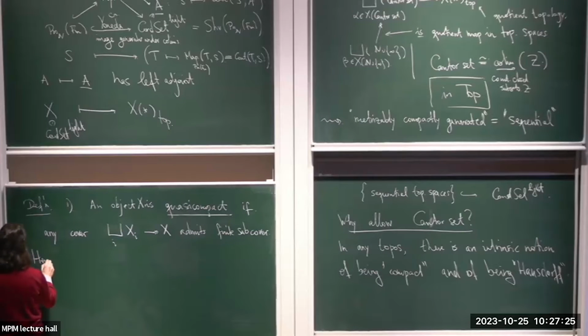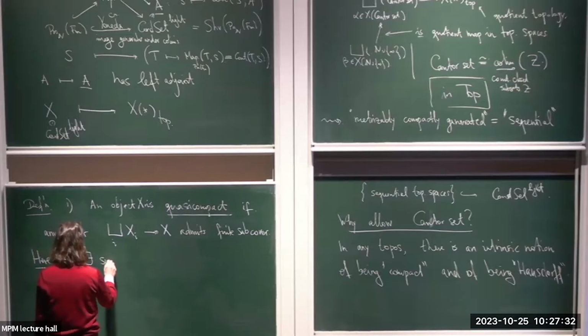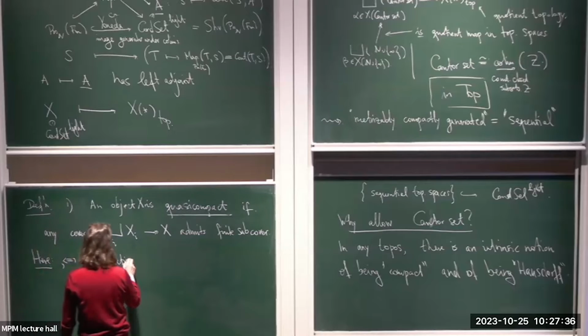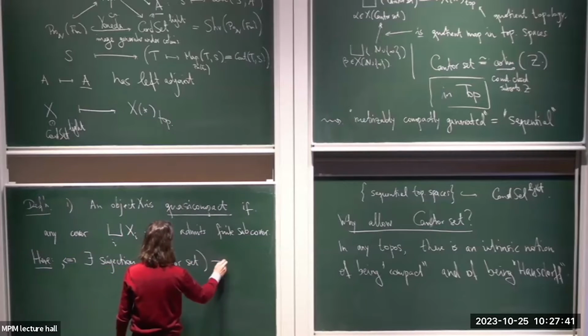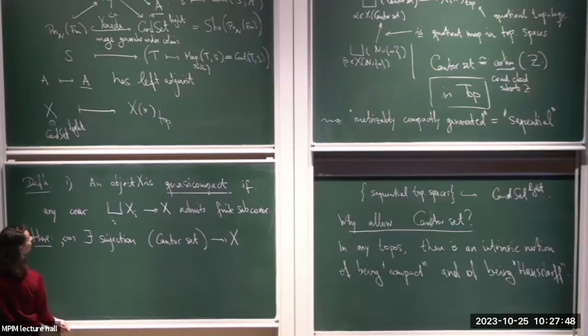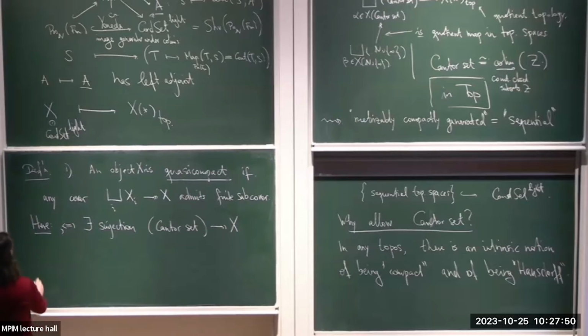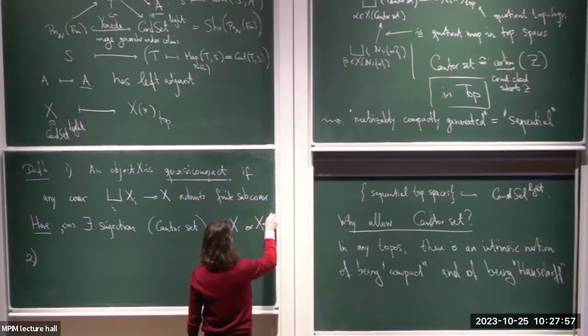Here, this general notion would amount to saying that there exists a surjection from the Cantor set onto X, or X is empty.